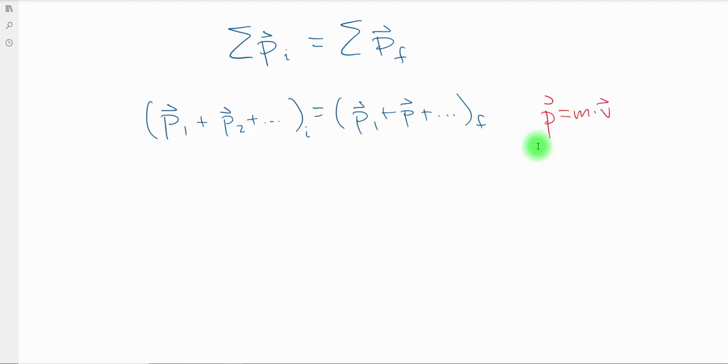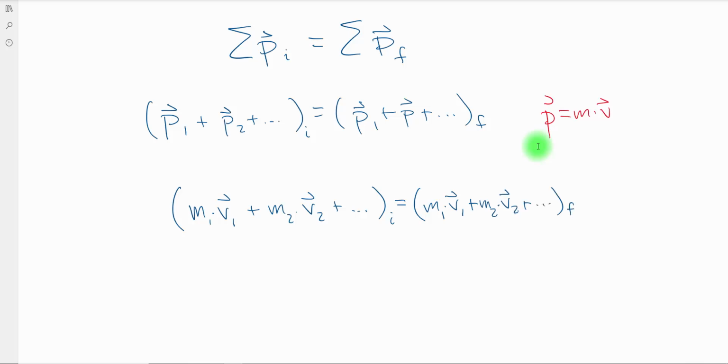So the real full formula is going to be M1 times V1 plus M2 times V2 plus dot, dot, dot on the initial side equals M1 times V1 plus M2 times V2 final. And again, most of the time we're just going to be using 2 particles, so that's where we're setting up the equation here.